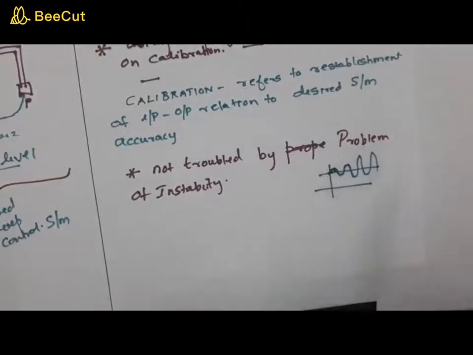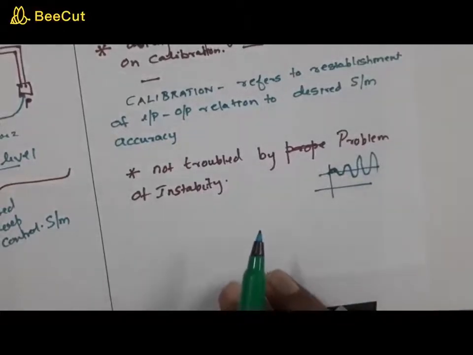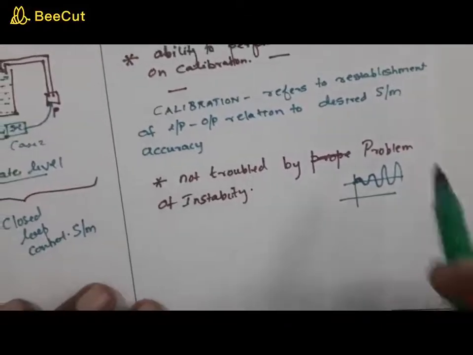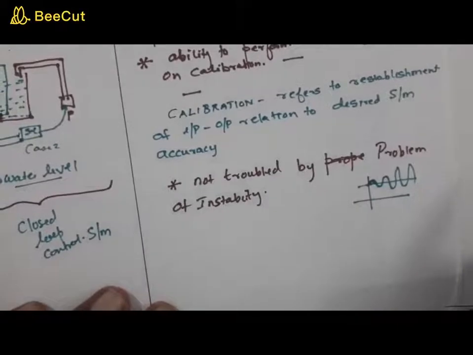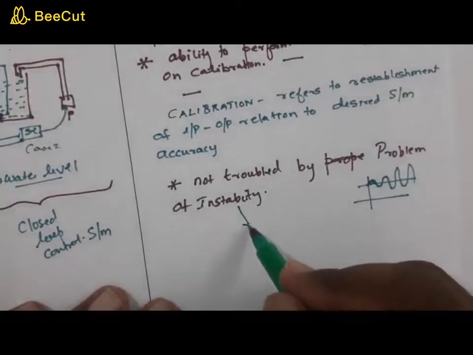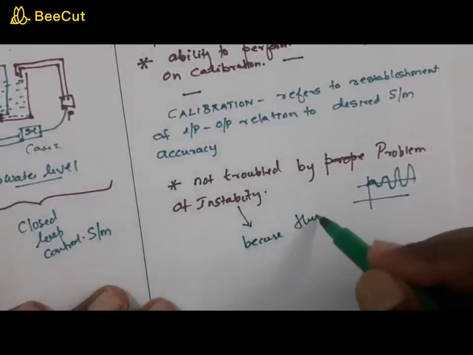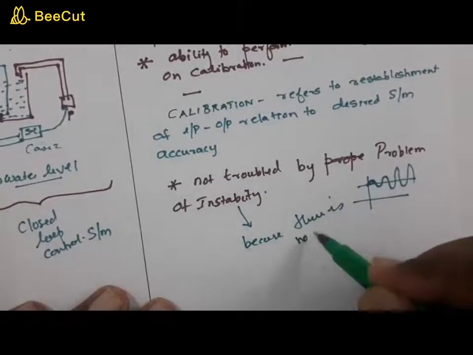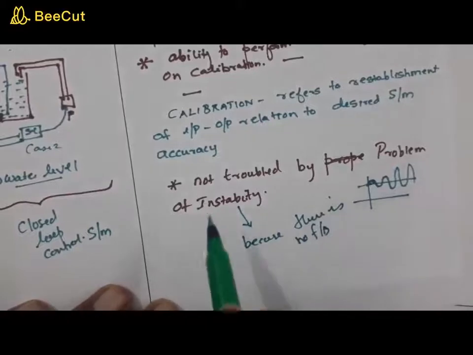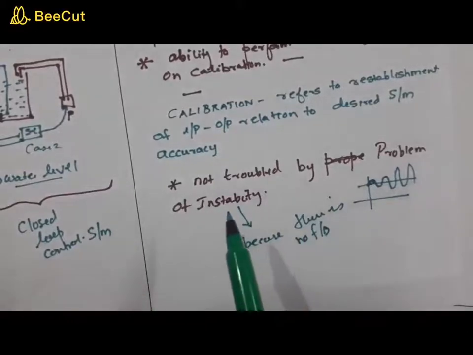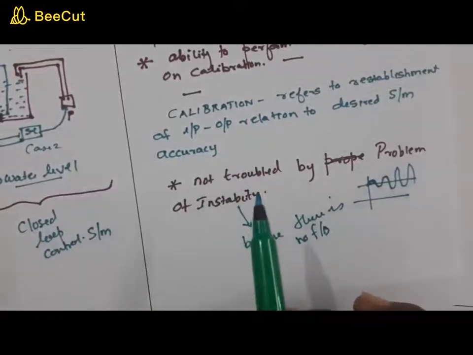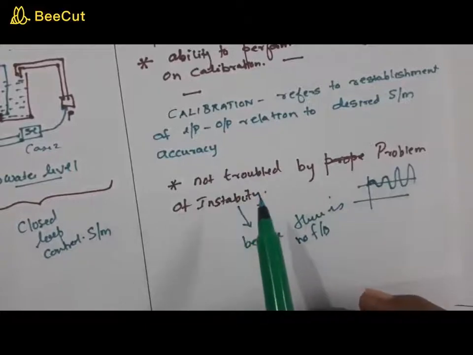When a system oscillates, as you have studied in your circuits, the oscillation is the result of feedback. In an open loop system, you cannot find any feedback, because there is no feedback. Because there is no feedback, there is no chance of this open loop system going into an unstable state.